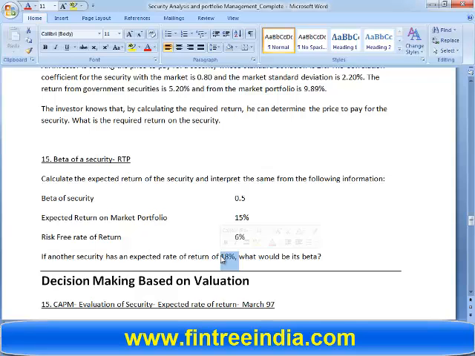Following the logic? But yes, that's not how you want to solve this. You can solve this by simply putting it into the equation. So write down that the beta of the second security can be calculated using the capital asset pricing model.